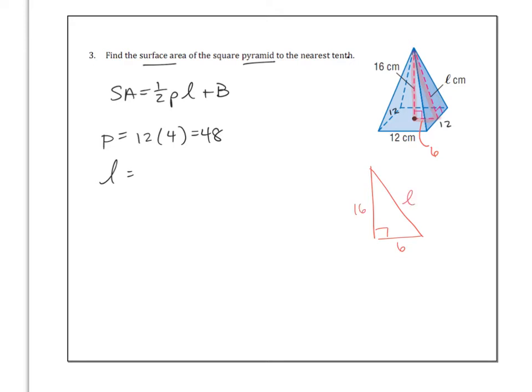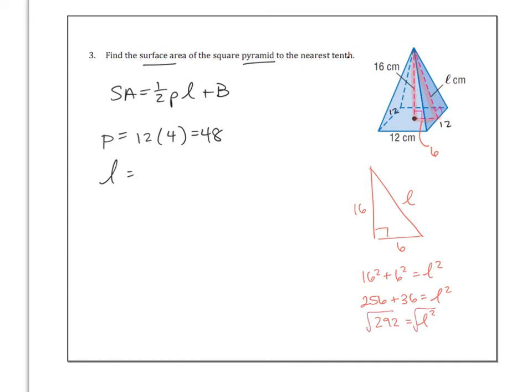slant height. So we're going to do 16 squared plus 6 squared equals slant height squared, which is 256 plus 36 equals slant height squared. 256 plus 36 is 292. And then you have to take the square root.